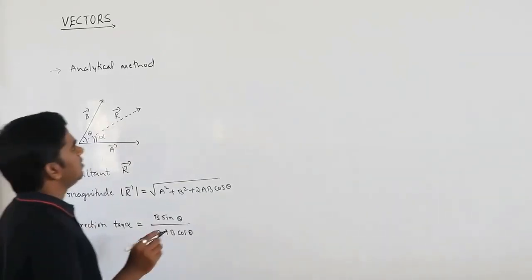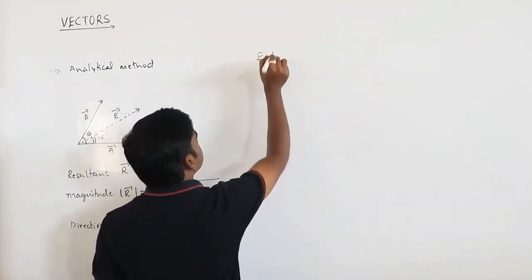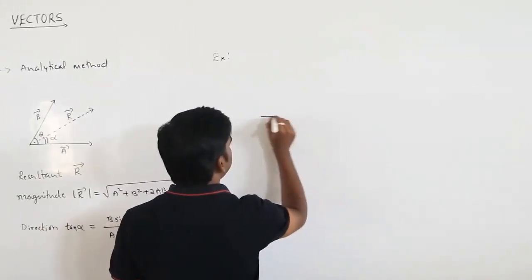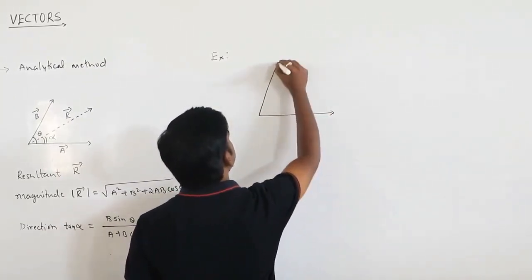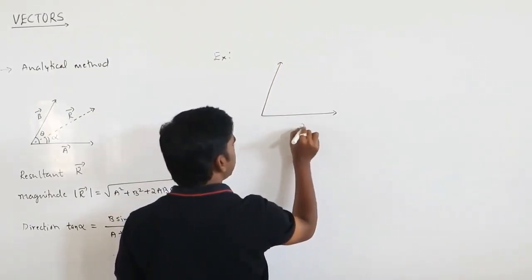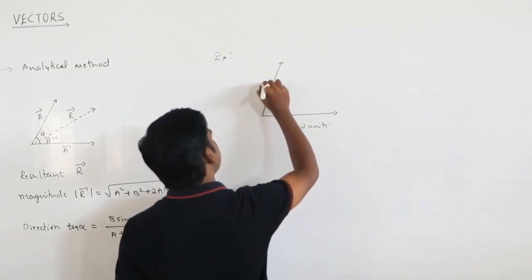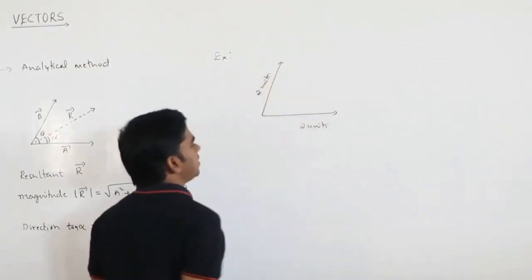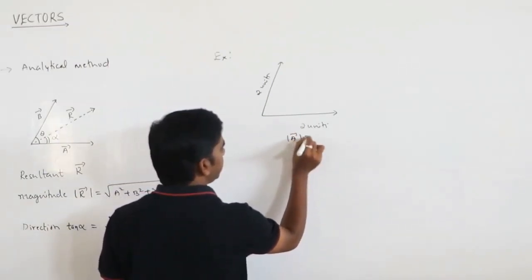So if I take an example, say there are two vectors, one vector is here and another vector is here. This vector is, say, of 2 units, and this is also of 2 units. I am just giving magnitudes. Suppose this is vector A, its magnitude is 2.